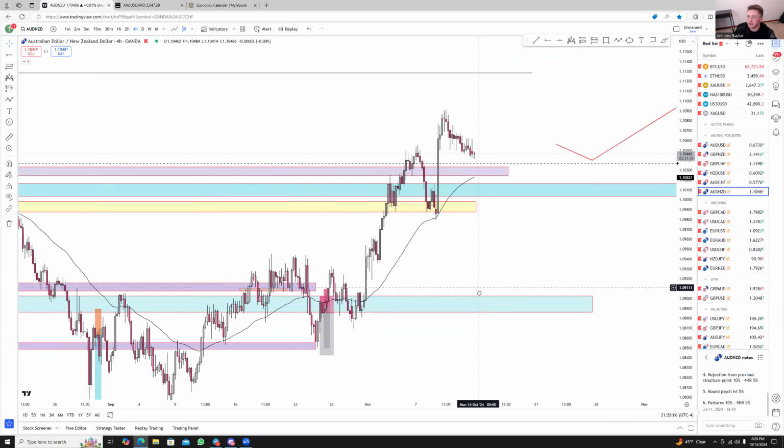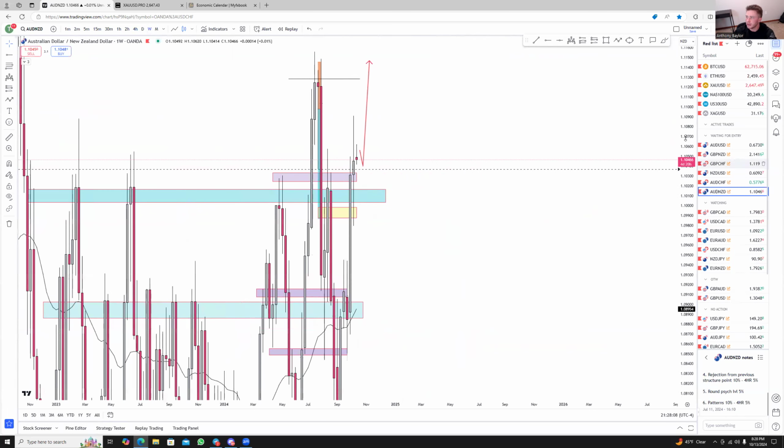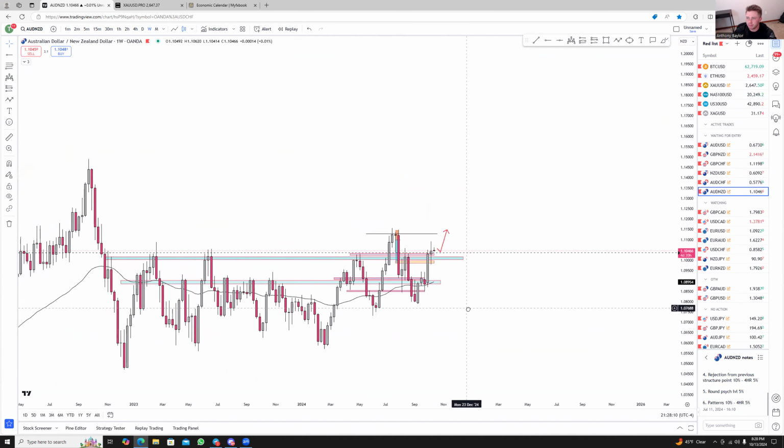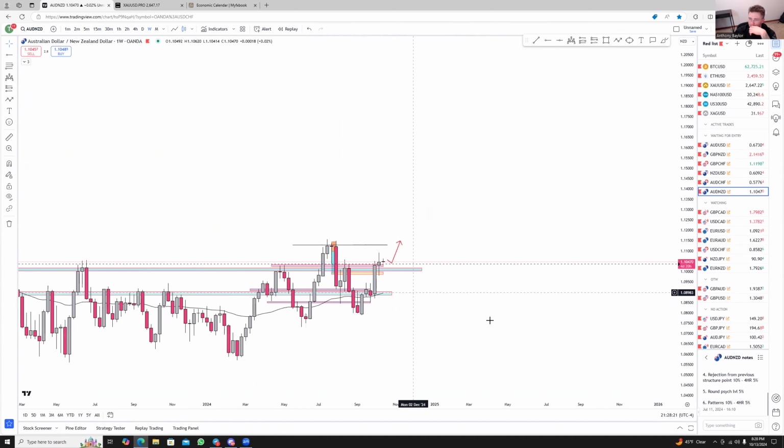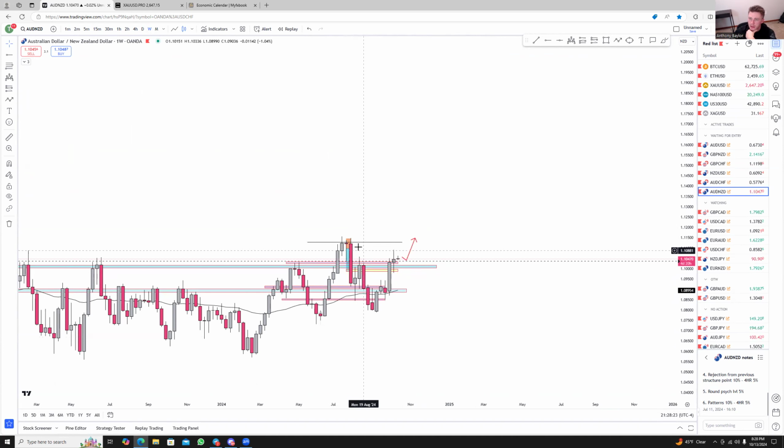AUD NZD weekly. We are bullish. See, higher high, higher low, and then boom, shift. Well, yeah, we're bullish actually. Yeah, bullish. That's beautiful. Weekly is bullish.